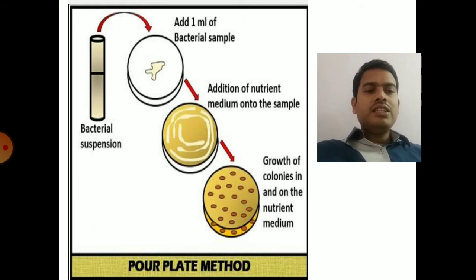After sterilization, you cool down the nutrient agar medium so that there is no harm to the bacteria present in your bacterial suspension. Now add 1 ml of bacterial sample into the petri dish, which is shown in the figure, and now add your nutrient agar medium to the petri dish and mix it well.